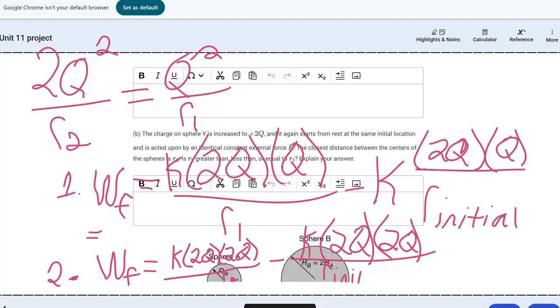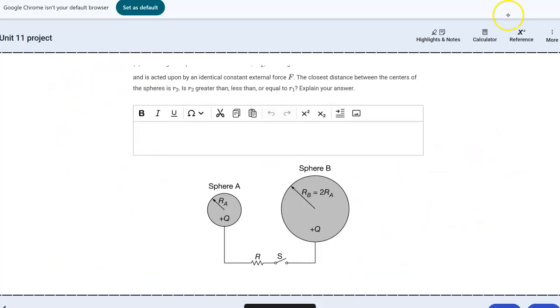And then we see from that R2 equals 2R1, and 2R1 is of course greater than R1. You can cross multiply or just see that for them to equal each other, you would need R2 to equal 2R1. It cancels. So that means that R2 is greater than R1. So that's our answer to B.